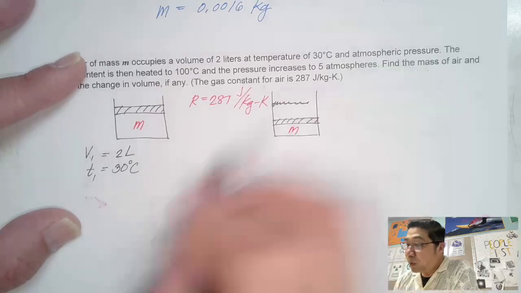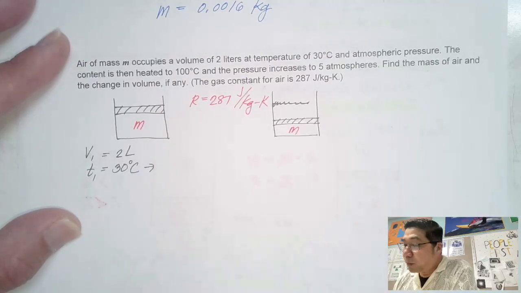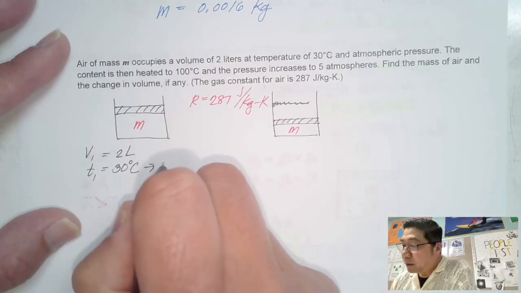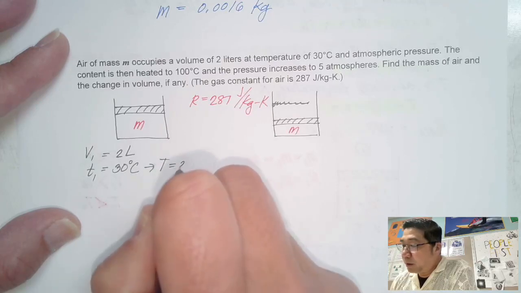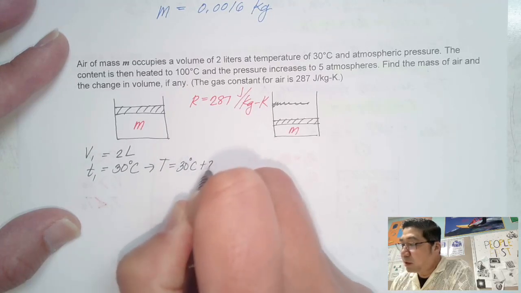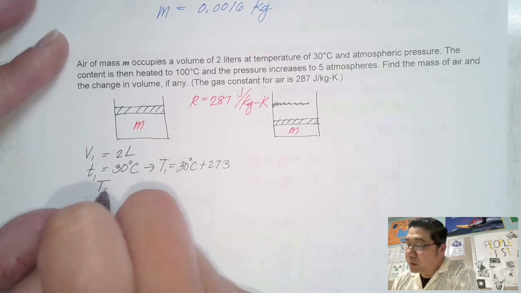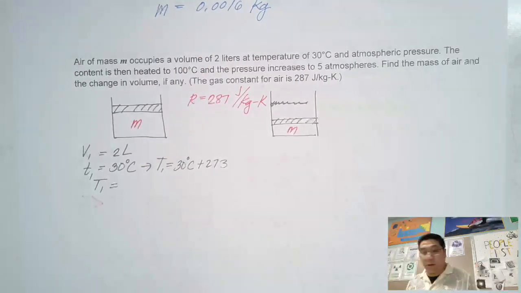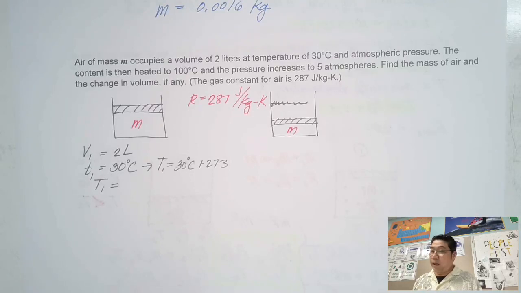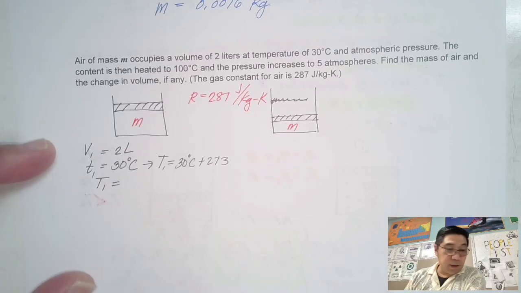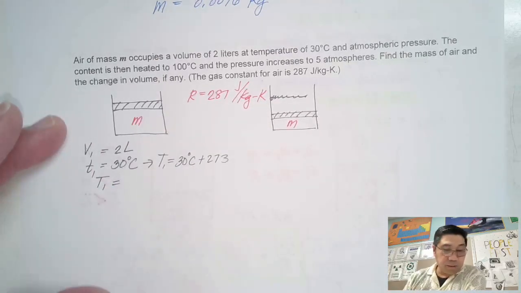So what happens? We have to change this to Kelvin: 30 degrees C plus 273 all the time to come up with T1. How much is 273 plus 30? That is 303 Kelvin.